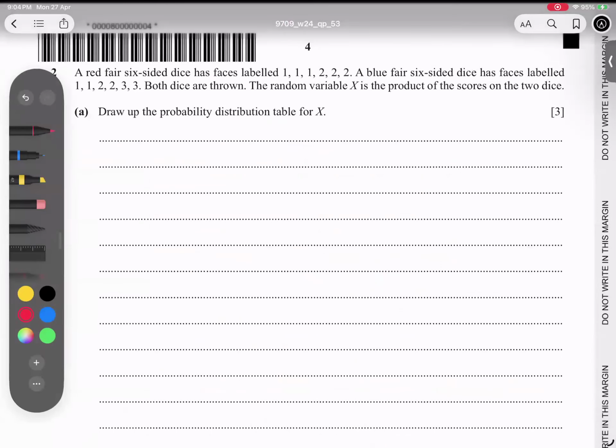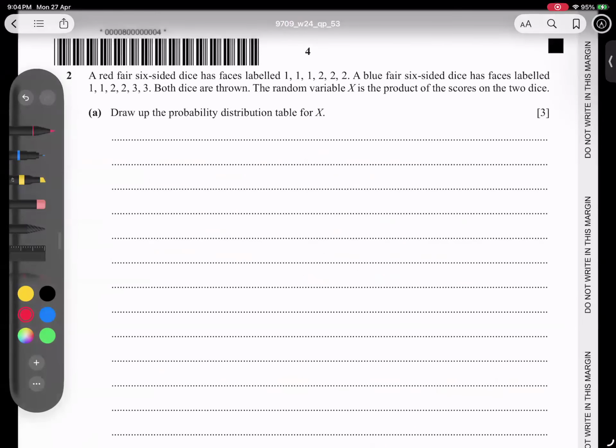Question number 2, students. We have a red fair 6-sided dice with faces labelled 1, 1, 2, 2, 2, 2. A blue fair 6-sided die has faces labelled 1, 1, 2, 2, 3, 3. Both dice are thrown, and X is the product of the scores on the two dice.